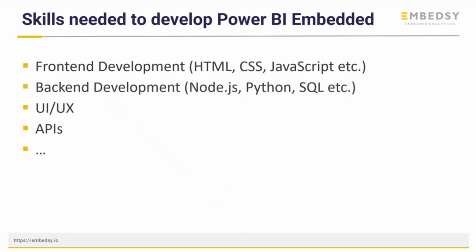But if you want to embed into an existing ERP, CRM, very different story, because you also need to have that system interact with your report. So you need to sort of know if a user clicked a button inside your ERP CRM, because you might want to apply a filter or something similar. So yes, very different skill set from our regular data, Power BI, skills that we need.